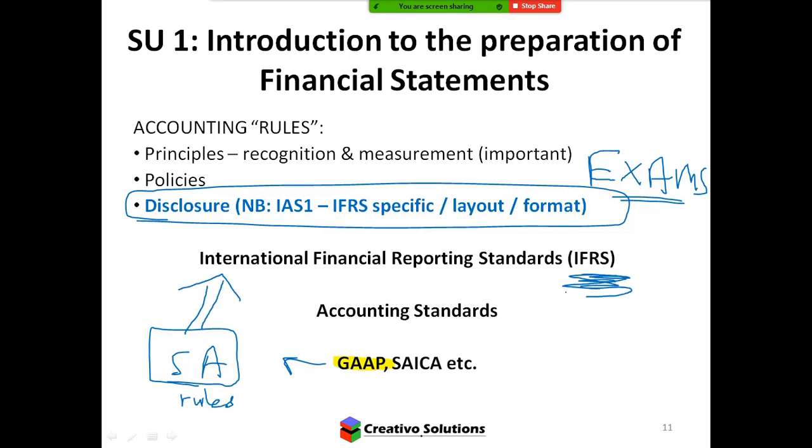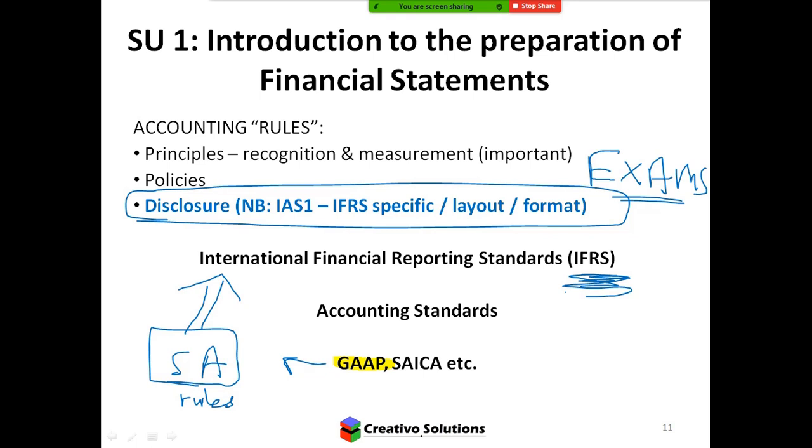As we sit here today, all companies in South Africa, public, private, CCs, it doesn't matter, use an international system. We use rules that come from the International Financial Reporting Standards, IFRS. That's why it doesn't matter where you go, maybe the UK, Australia, New Zealand, South America, wherever.